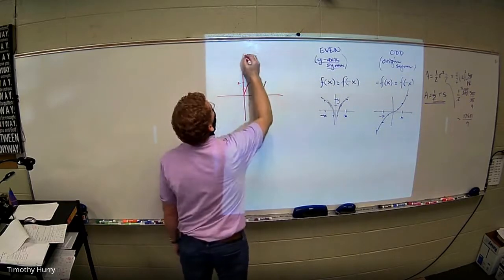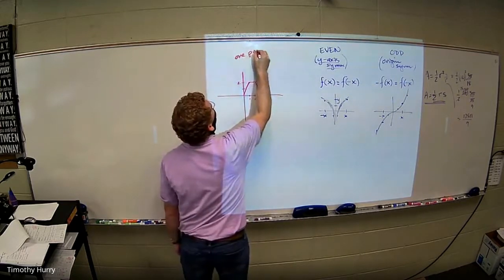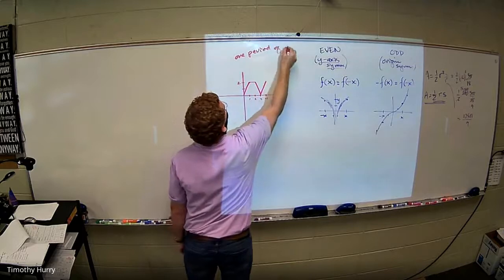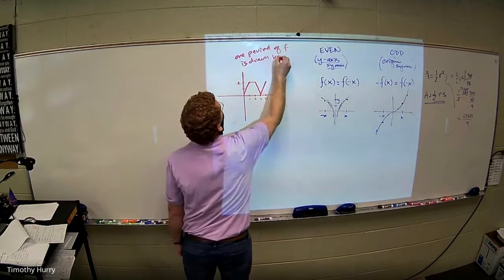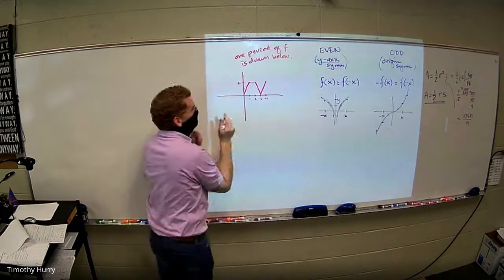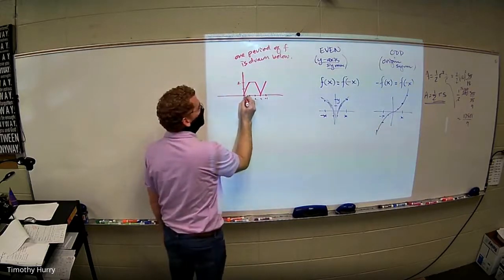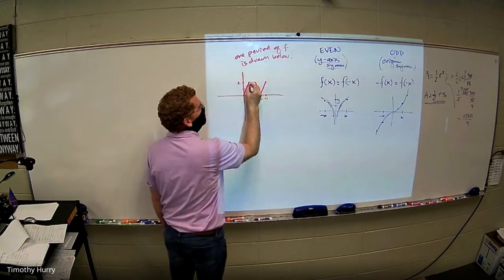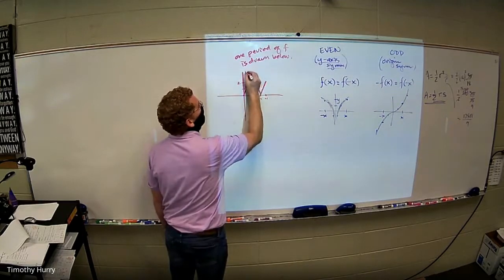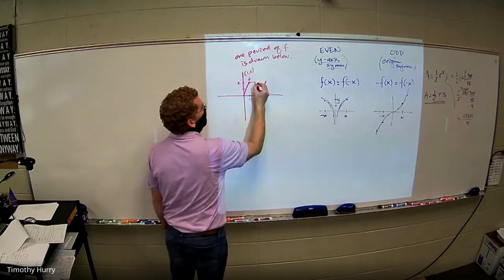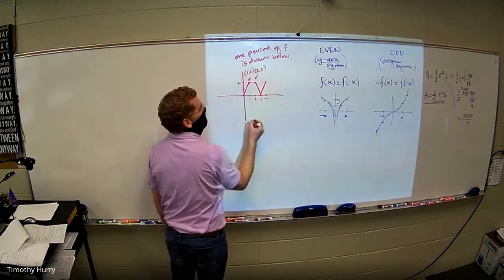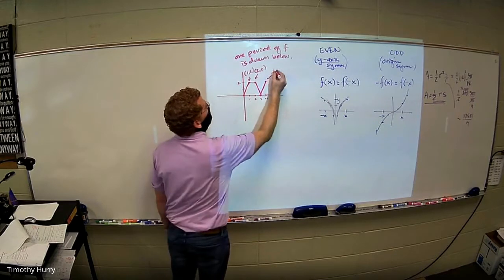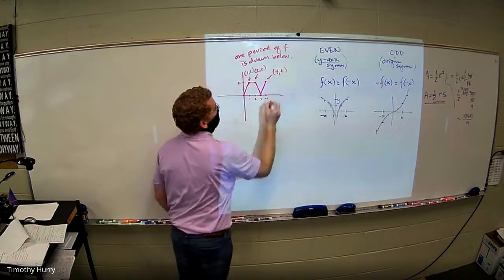And I said, one period of f is drawn below. And if you're trying to sketch this, just make that the point. That's 0, 0. That point is 1, 2. That point right there is the point 2, 2. I'm back down there at 3, 0. And that point right there is the point 4, 2.